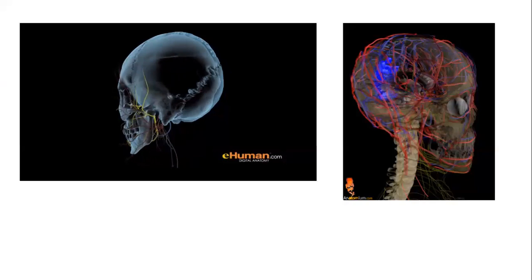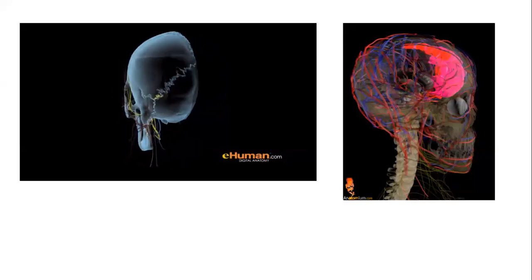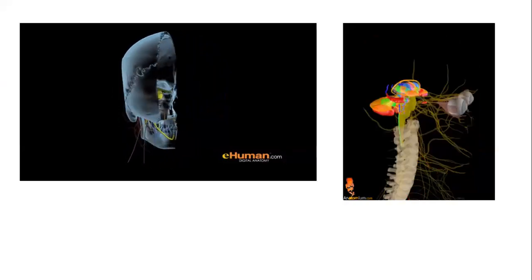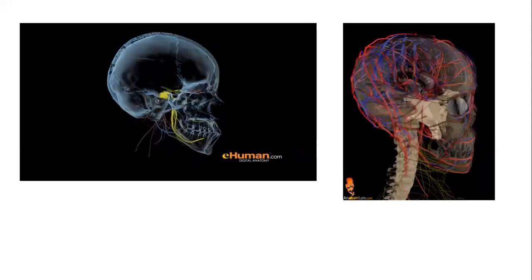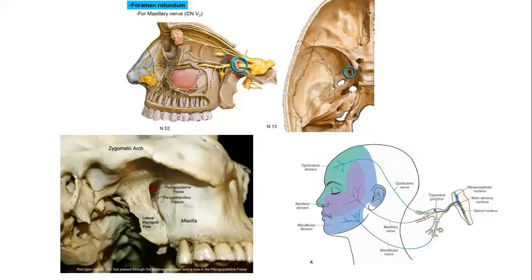Before getting into this posterior superior nerve block, we must know the nerve anatomy and its course. Posterior superior alveolar nerve is one of the branches of your maxillary nerve. The maxillary nerve is one of the branches from the trigeminal nerve.